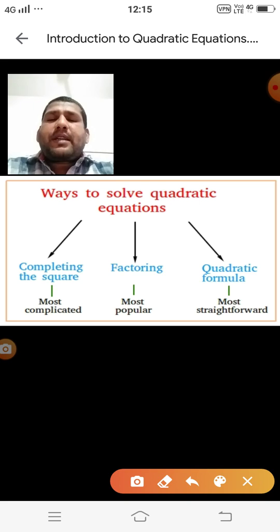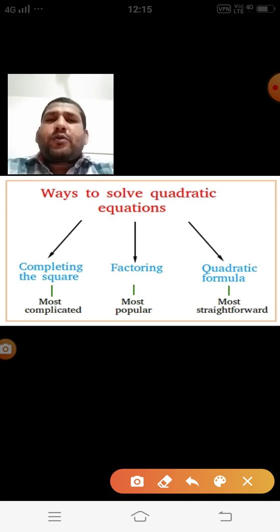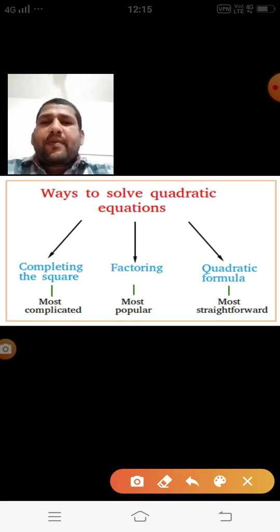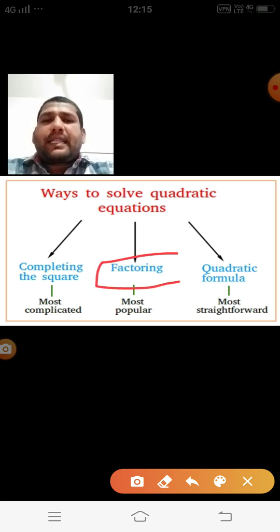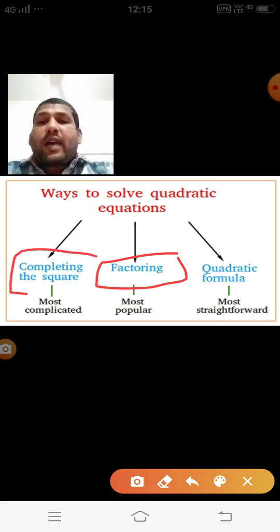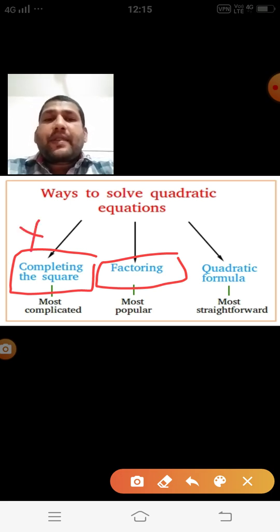In this chapter, for solving a quadratic equation we have three methods. The first one is the factorization method, by making factors, which we have been doing from class 8. Then the completing the square method, and this topic is removed this year.